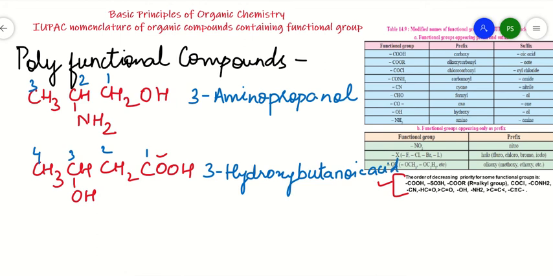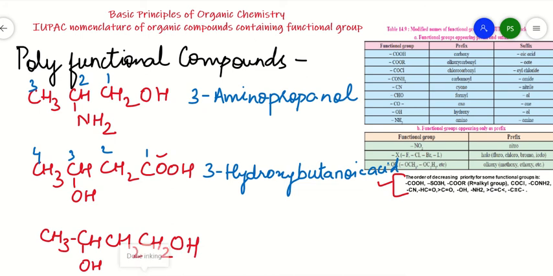Let's take the last example, and suppose the last example is a compound which is containing two similar functional groups.